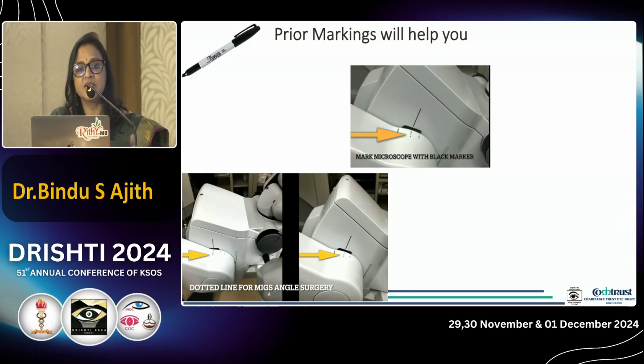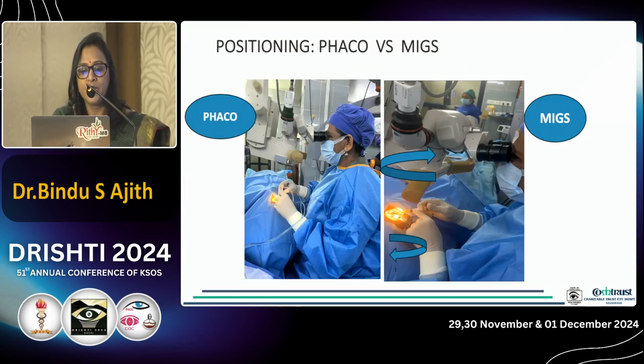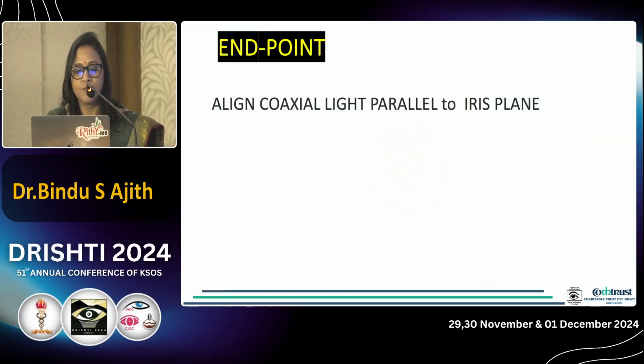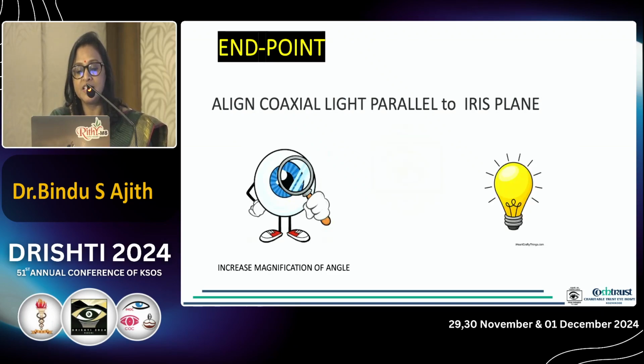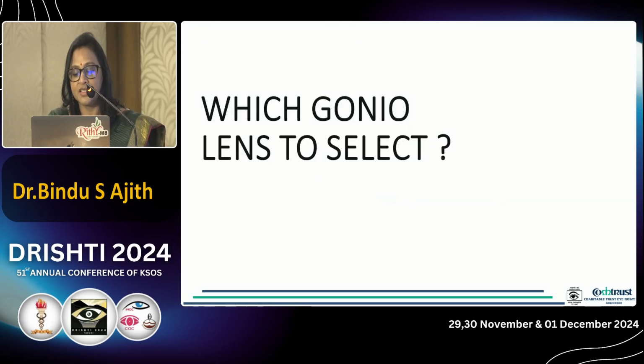You can customize it over many cases, and then you know how much to bend. In phaco, you keep your hands close to you, but here you have to have some space so that you can move your hands. The ultimate is to align the coaxial light parallel to the iris plane, then increase the magnification and the light intensity to view the structures.